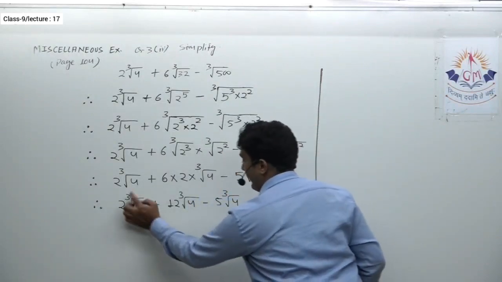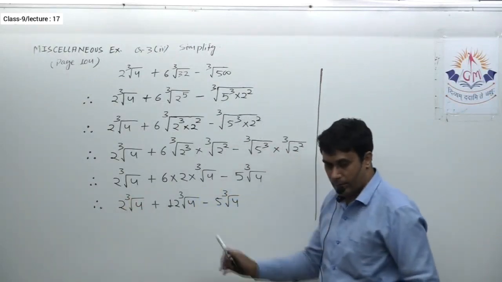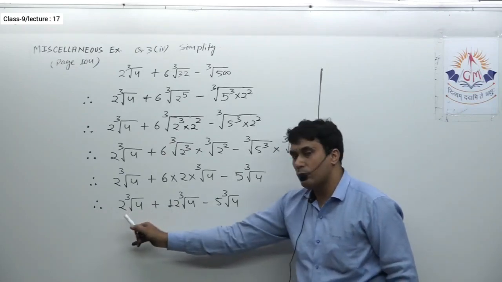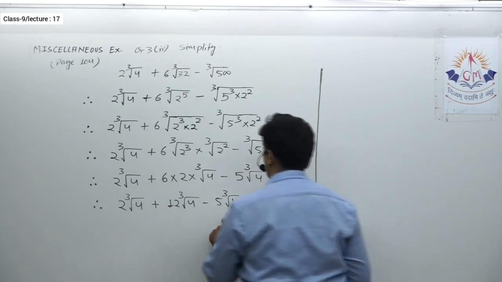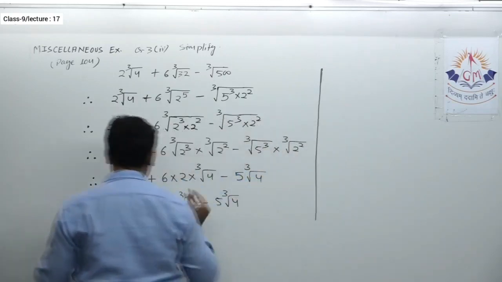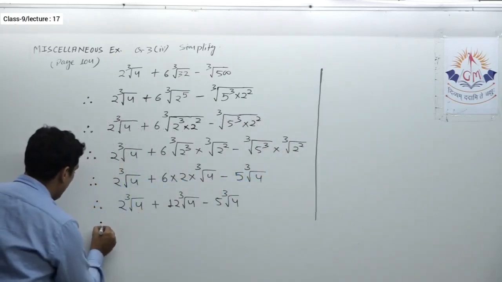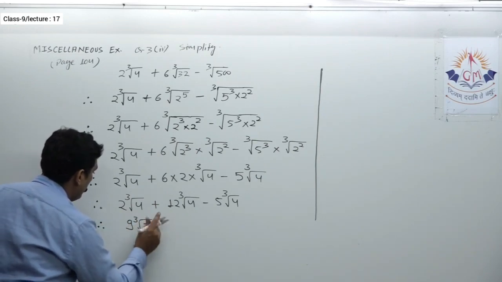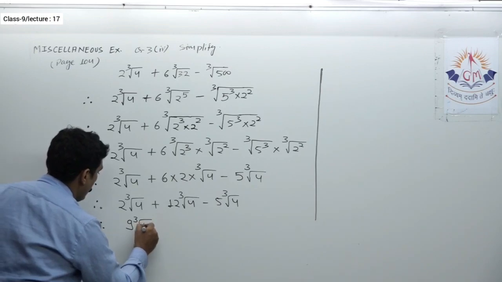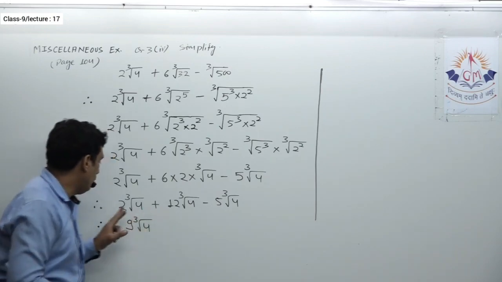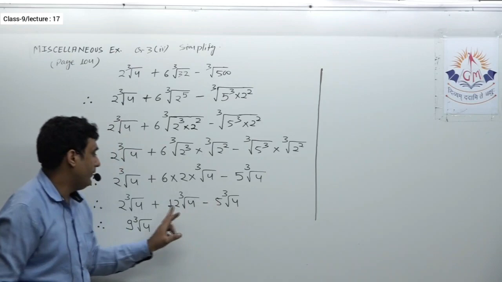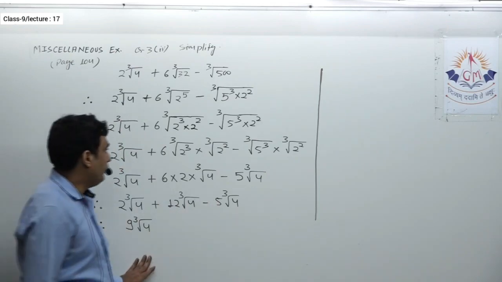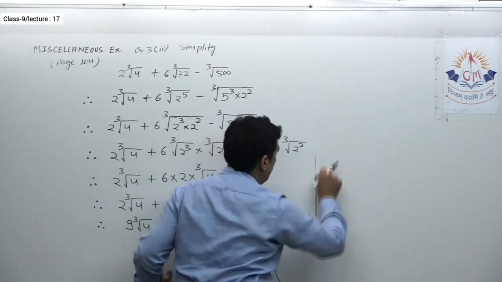If I say cube root of 4 is x, so this is 2x, here it is 12x, so 12 plus 2, 14x, 14x minus 5x. So here I can write 9 into cube root of 4. I hope this is clear to you, so please note it down.